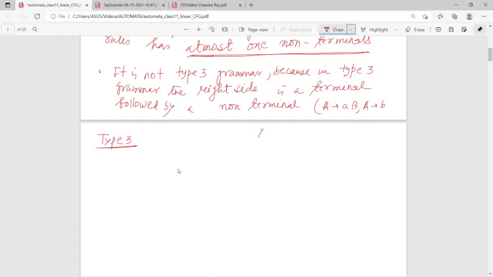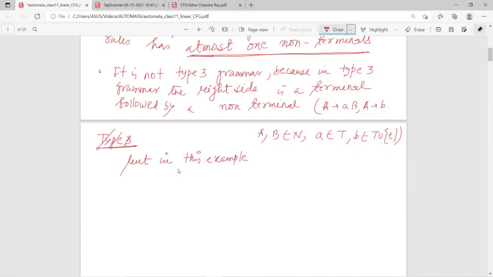We will find that A and B are a set of non-terminals, small a is a set of terminals, and b is also a set of terminals union, etc. So like that.